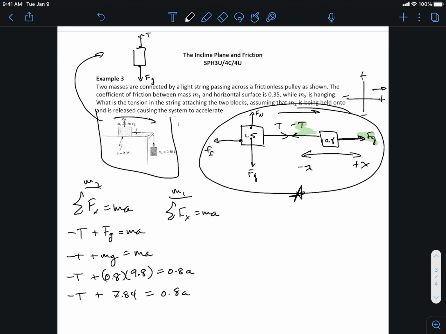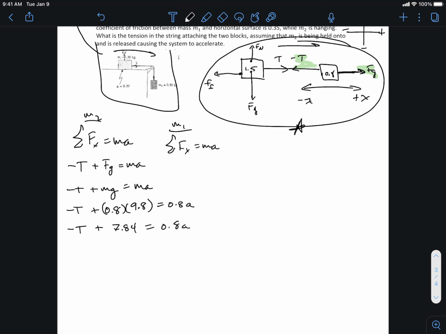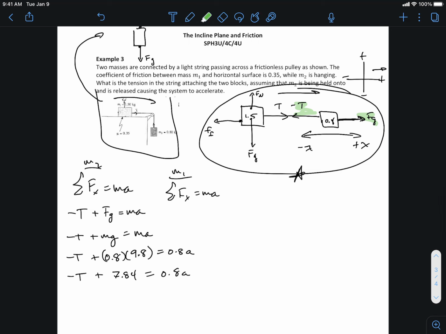I think maybe why my physics teacher taught me this was because from a solving perspective, you guys can see, oh, this is nice. One of my tensions is negative, and one of them is positive this way. That's the problem, Chris. If you try to do this question like this, we're going to have positive tension here, but if you did it in the x as well, tension's also going to be positive there.